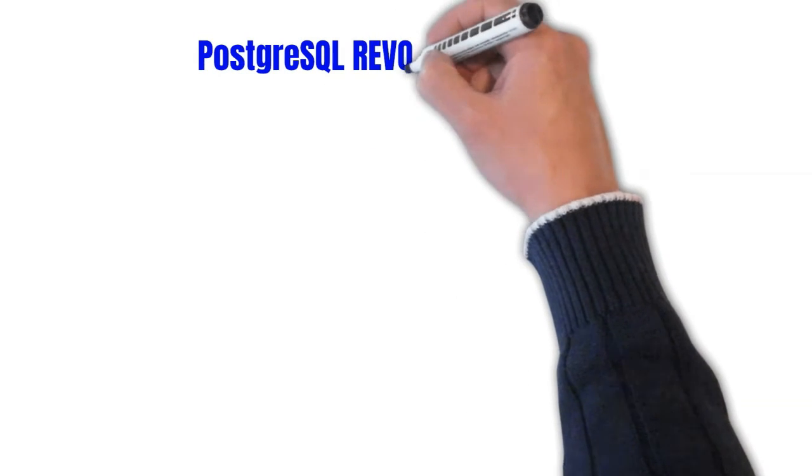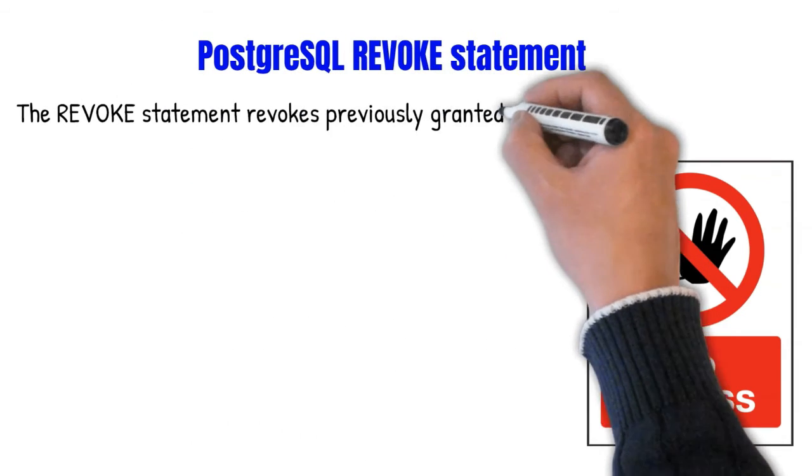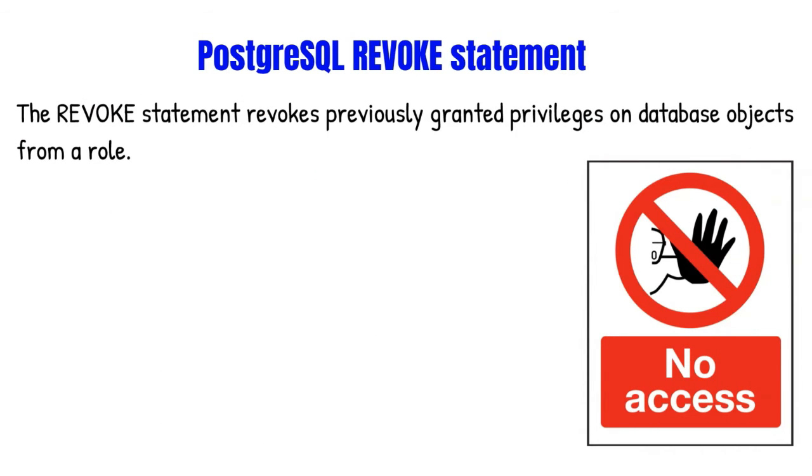Once you have granted privileges, you may need to revoke some of them or all of these privileges. To do this, you can run the revoke command. You can revoke any combination of select, insert, update, delete, truncate, references, trigger, or even all.